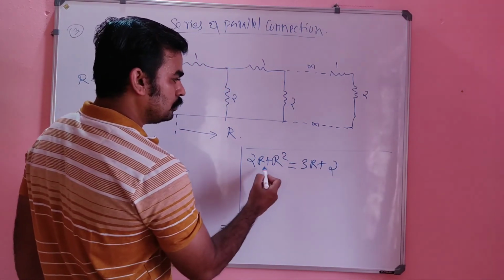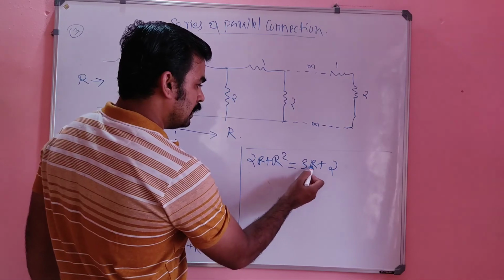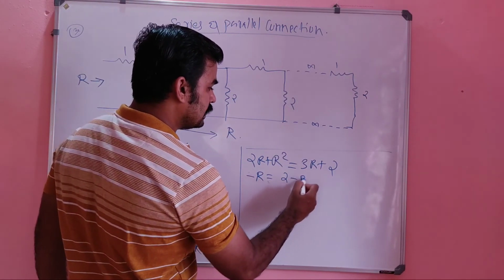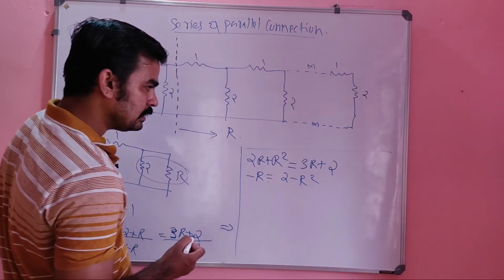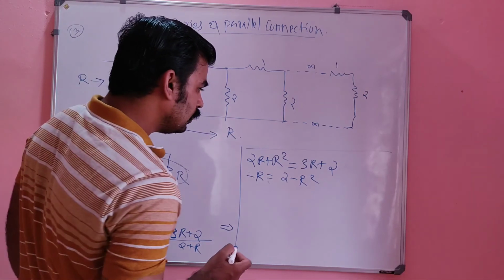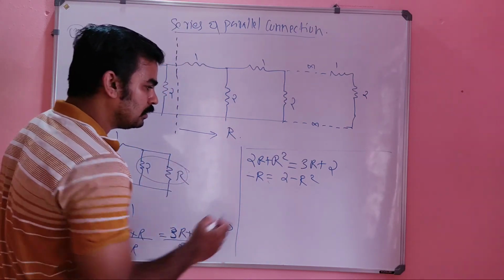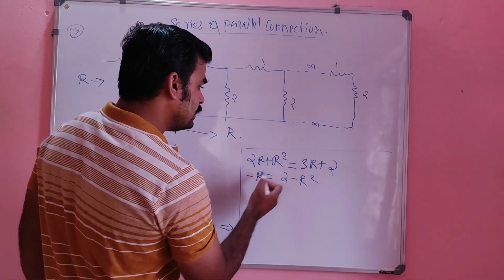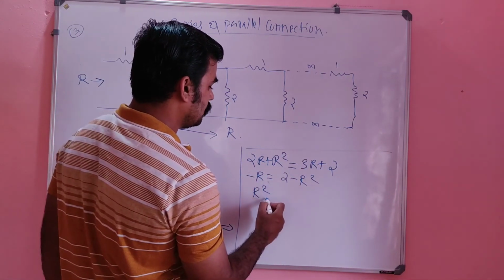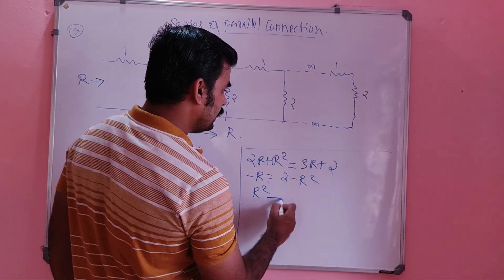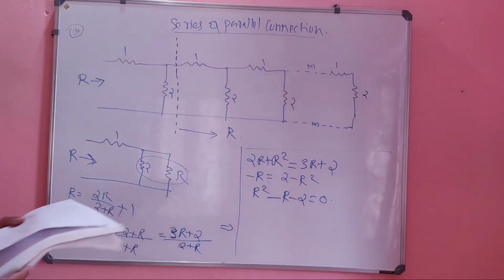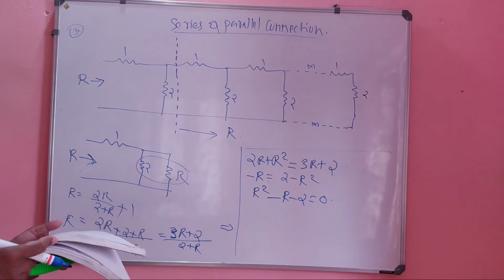So it will be 2R minus R equal to 2 minus R square. Rearranging the terms, we can solve it as a quadratic equation: R square minus R minus 2 equal to 0.